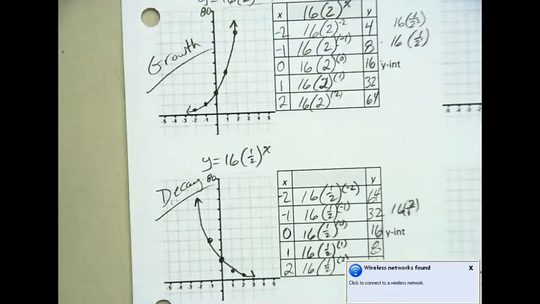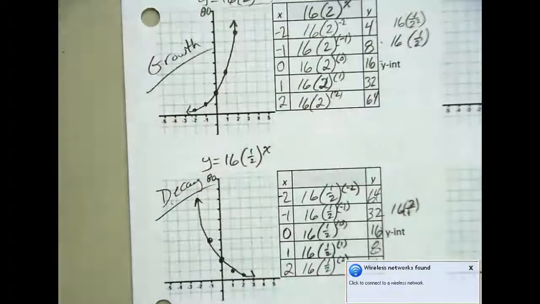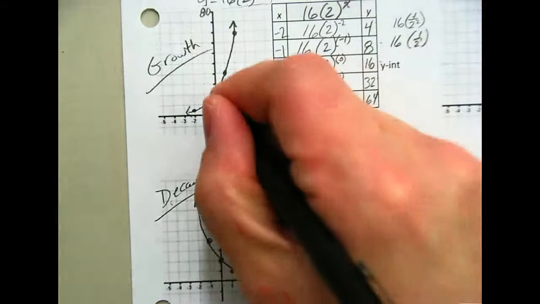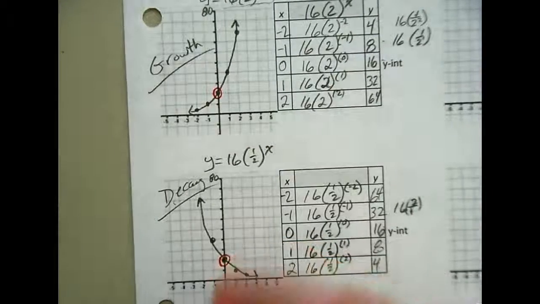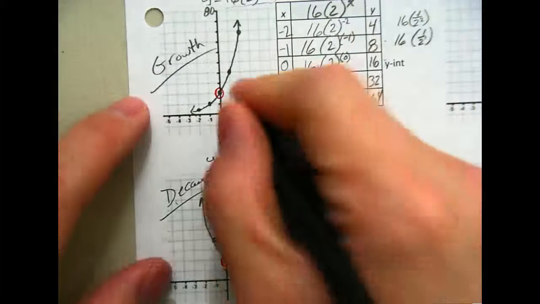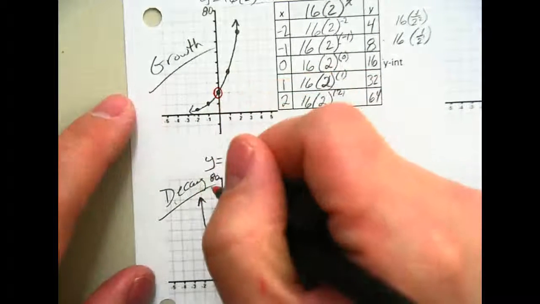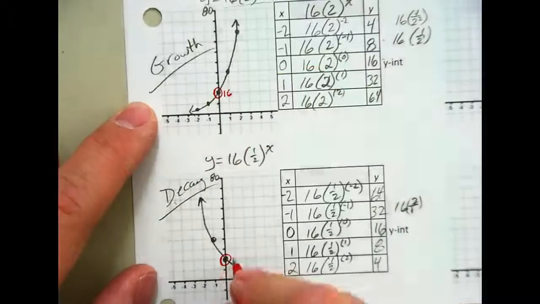All right, tell your neighbor what the y-intercept was for this graph. Let's circle it. It's right there. Why don't you label it? What's that number? What's the y-intercept on both the graphs? All right, Jake, what do you got? 16. Good. Has it changed here?